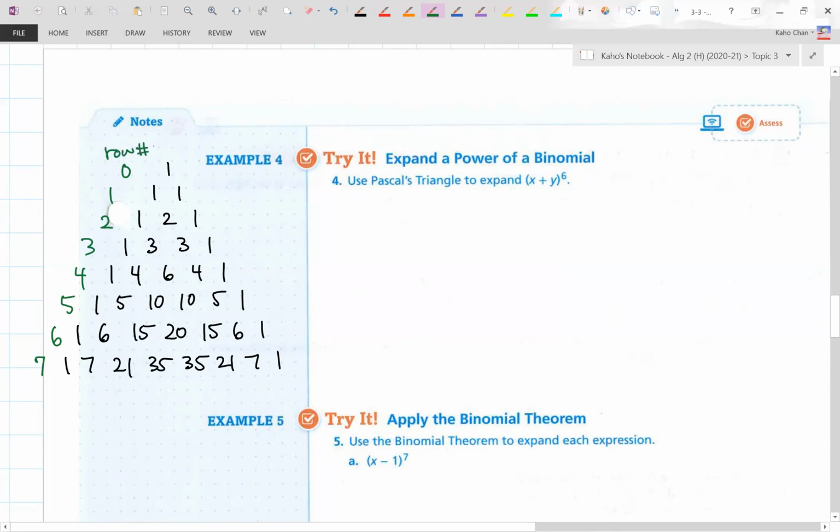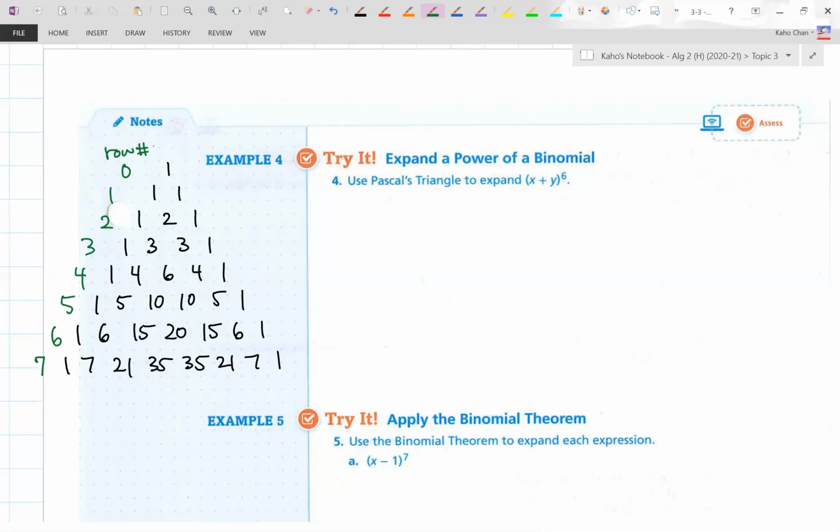The reason why I'm writing Pascal's triangle is that it'll help me expand x plus y to the 6th power. Think of this as a cool pattern. Try to imagine doing x plus y times itself 6 times. That's a lot of work. What Pascal noticed many hundreds of years ago is that it's linked to a pattern that's symmetric.